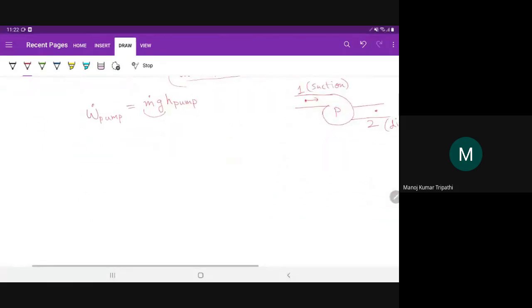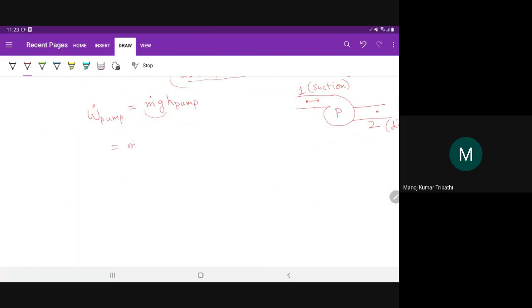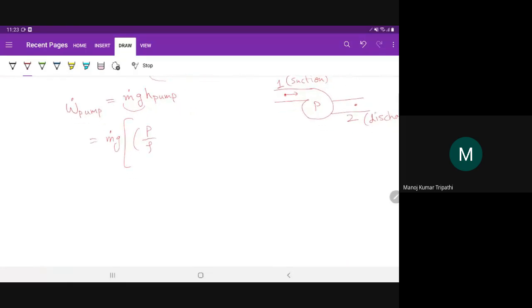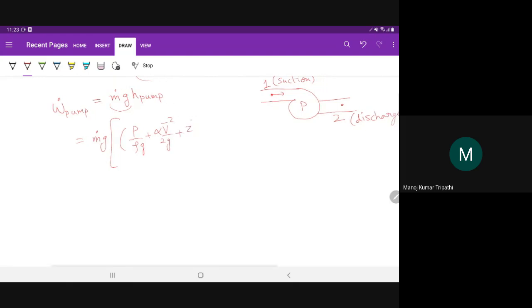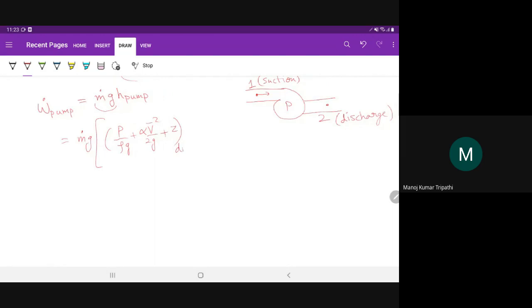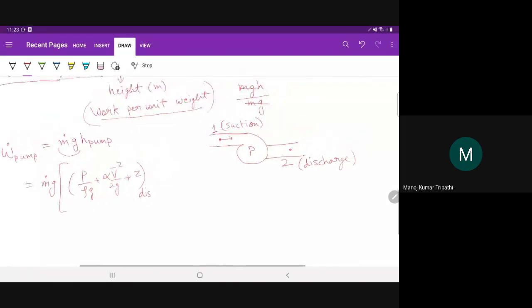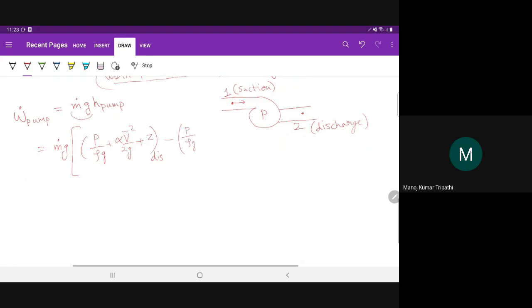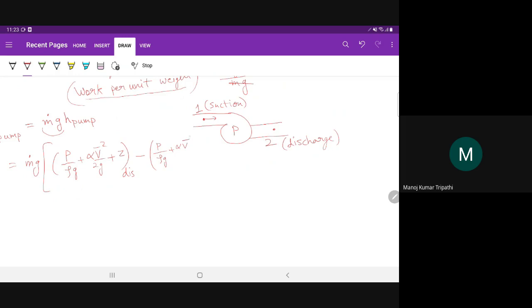So H pump can be written as P by rho G plus alpha V square by 2G plus Z on the discharge side, minus P by rho G plus alpha V square by 2G plus Z on the suction side.